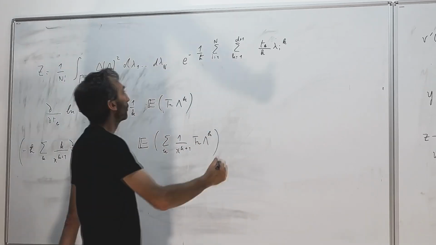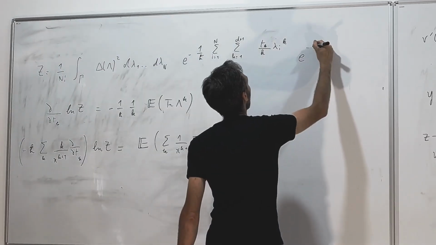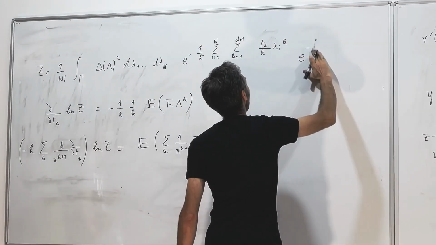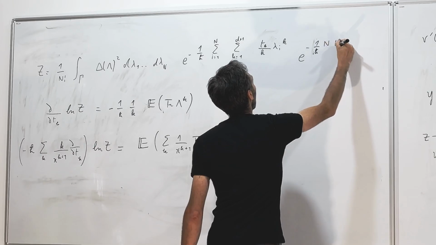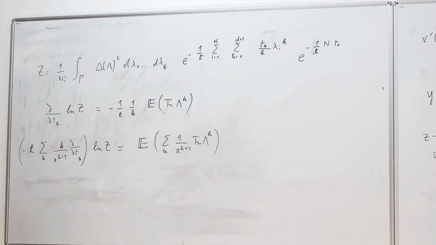To be complete, let me put an additional exponential of minus 1 over h bar, n times t0. Basically, I add a constant term to the potential.